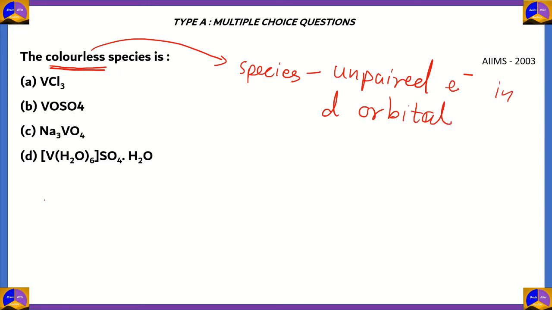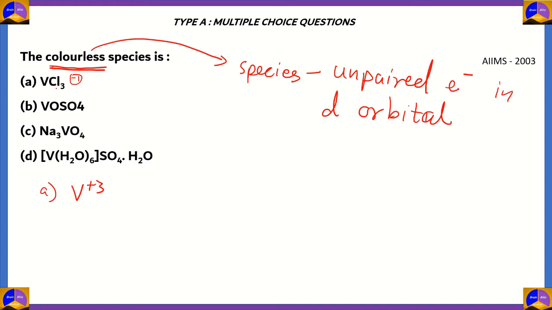So if you look at option A, Cl has a valency of -1, so since there are 3 Cl, the total is -3, and since VCl3 is a compound with charge 0, then the valency of vanadium in this case is +3. So V3+ is the ion, the species that we're looking for here.